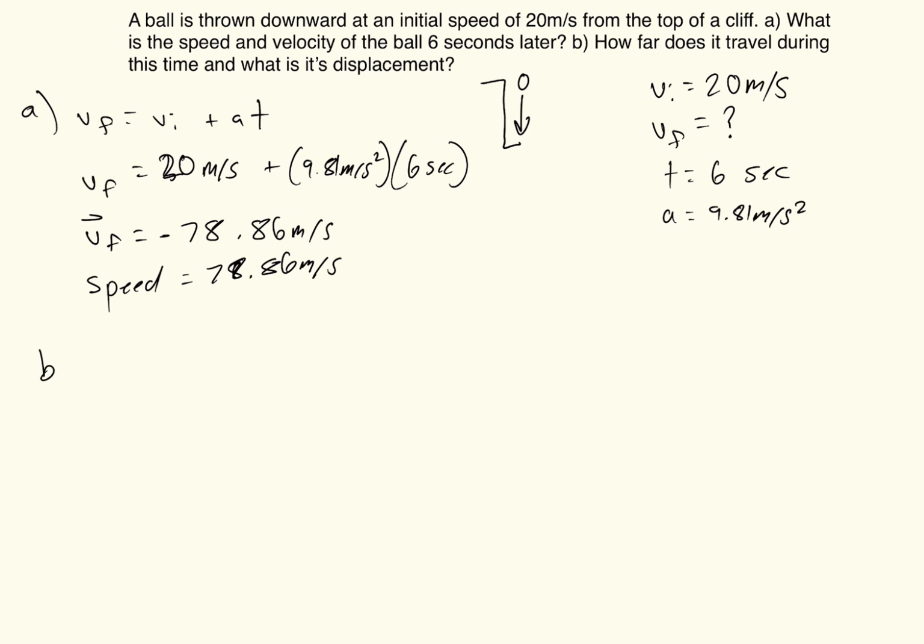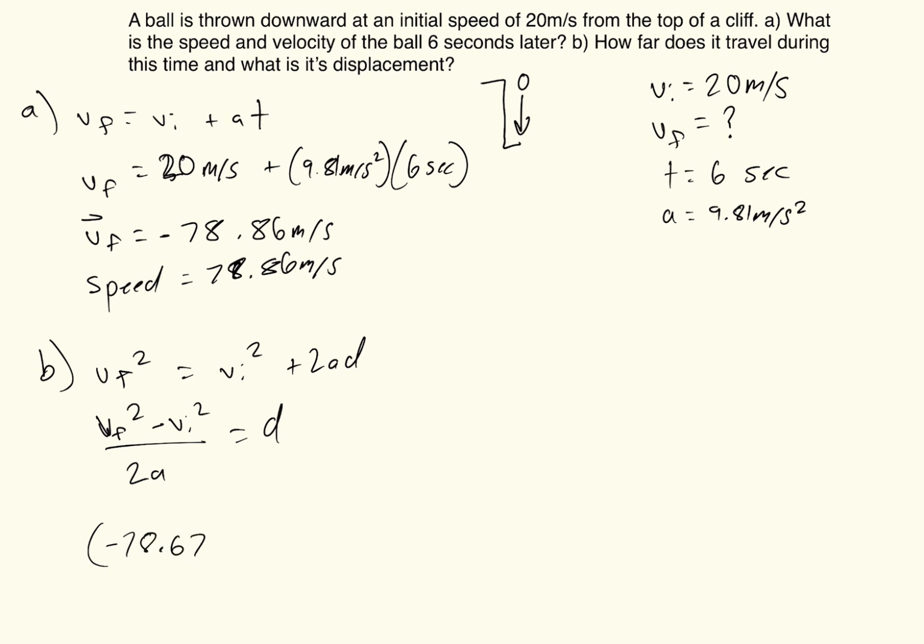That's A. B, we use the same formula we used in the previous question. Vf squared is equal to Vi squared plus 2AD. Vf squared minus Vi squared over 2A is equal to D. Negative 78.67 squared minus 20 squared over 2 and 9.81 is equal to 296.58 meters.